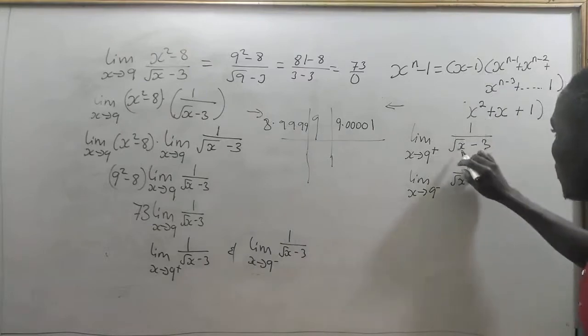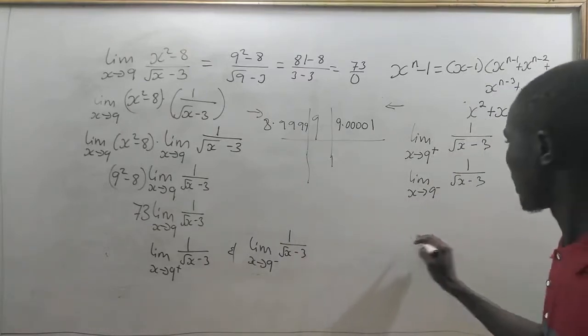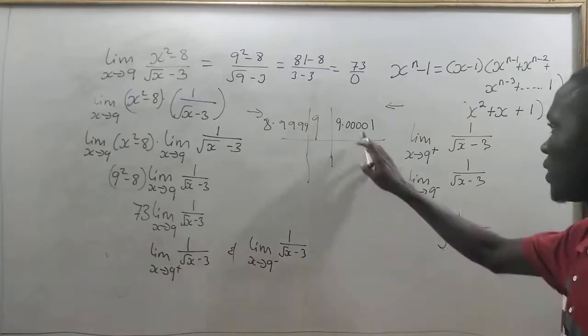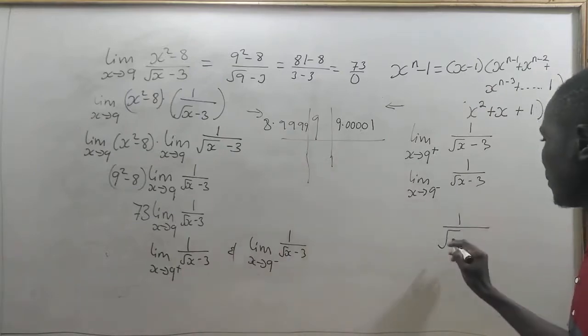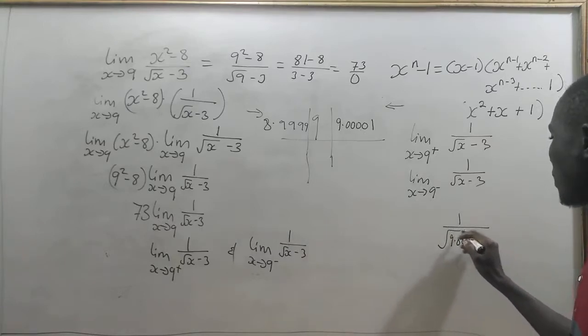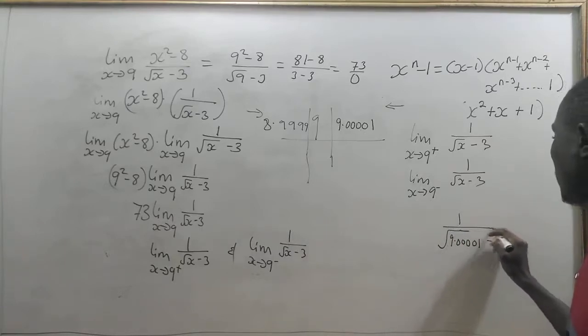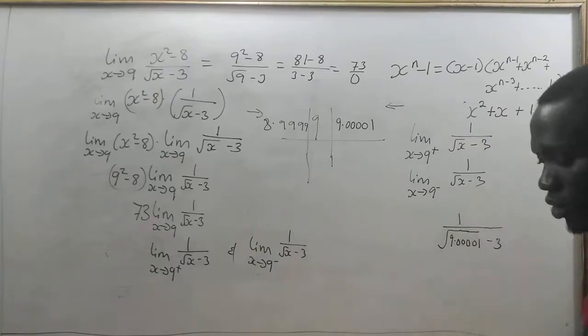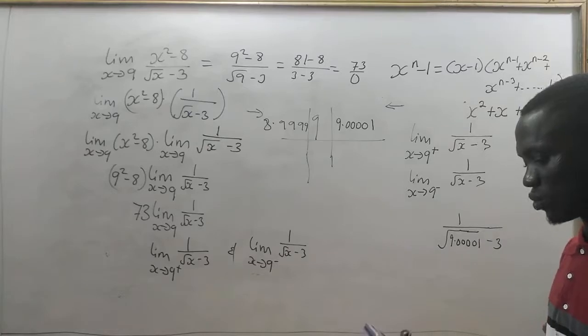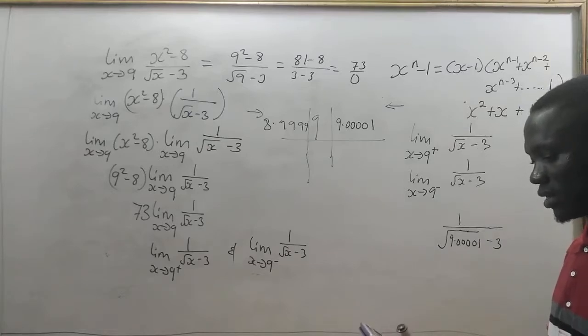So here we are going to take 1 divided by the square root of x minus 3 with x approaching 9 from the right: 1 divided by the square root of 9.00001 minus 3.